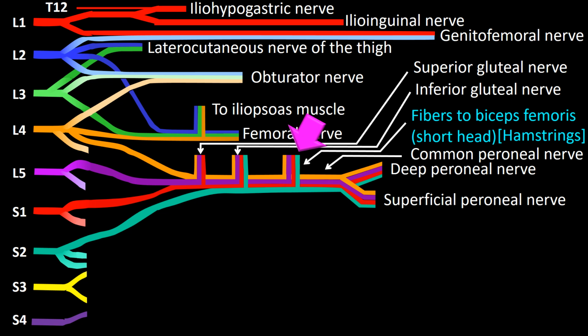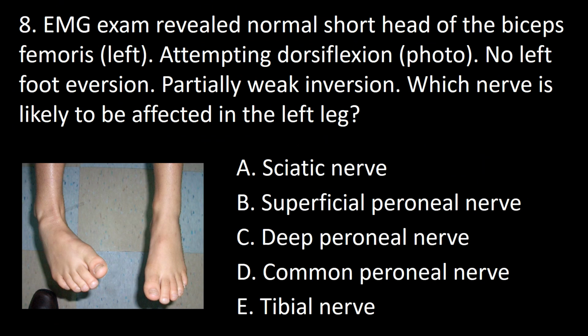Before leaving the subject, I would like to stress that S2 often does not contribute to the innervation of foreleg or foot peroneal innervated muscles. So the answer to this question is D.